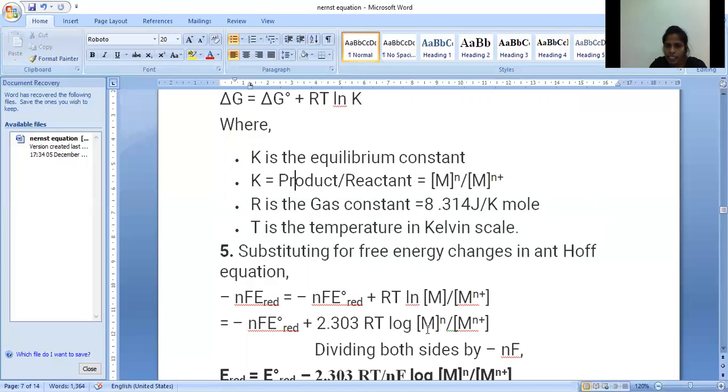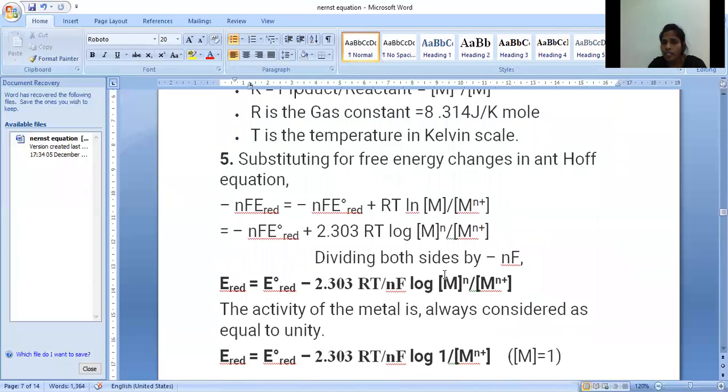So here the product is M to the power n, divided by M n plus. If the metal has no charge, that is a pure metal, it is a solid. But when the metal has a charge, that means it is an ion, that is the electrolyte. The concentration of a solid metal is always equal to 1. The concentration of the liquid is not equal to 1. So the metal concentration is equal to 1 because it is a solid.